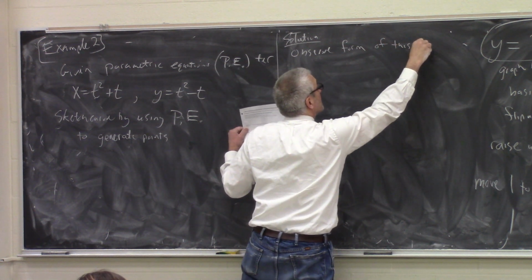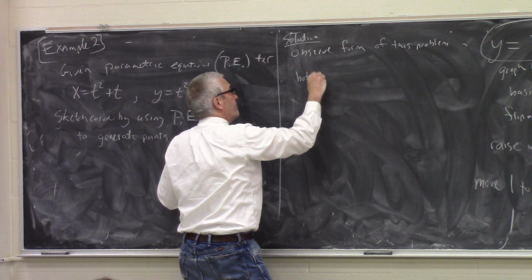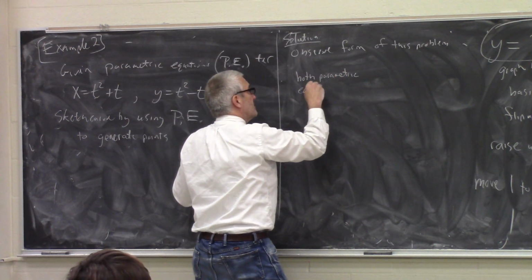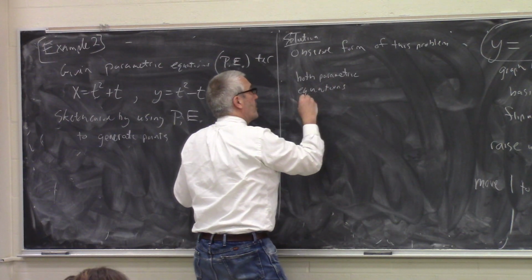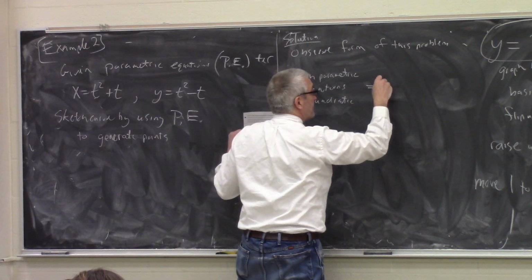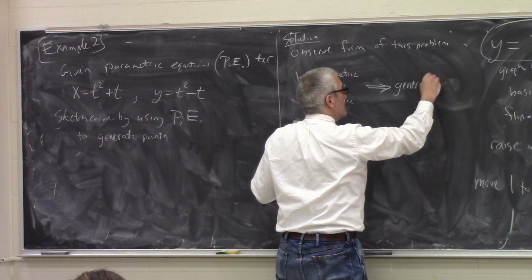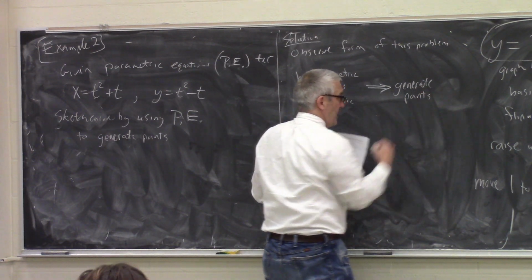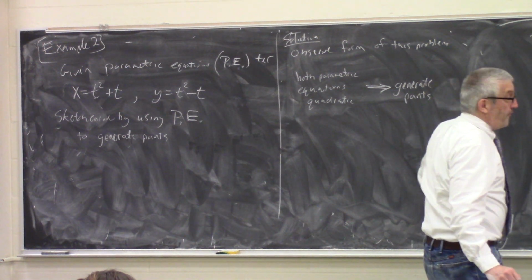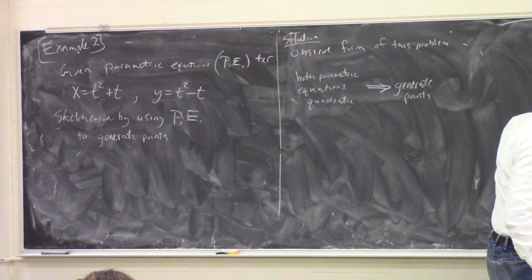We have both parametric equations quadratic. And then what we're being asked to do is generate points and then plot the graph. So it's the exact same form as the previous problem. It's just that the parametric equations are not quite so simple, a little bit harder.